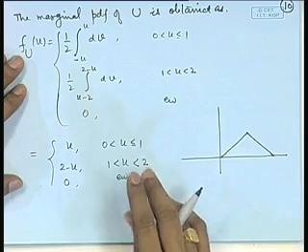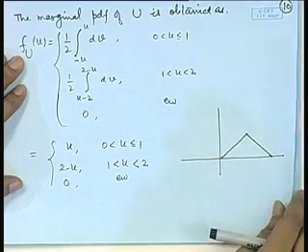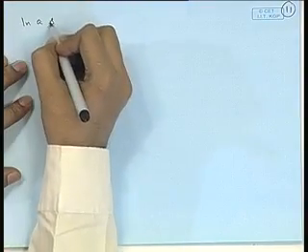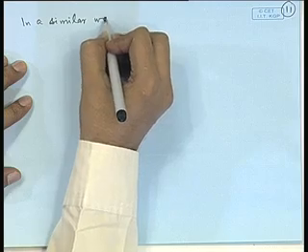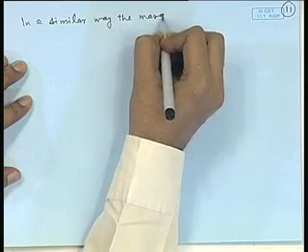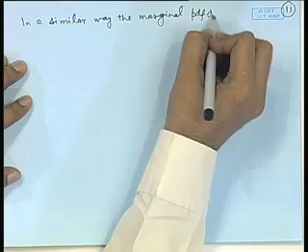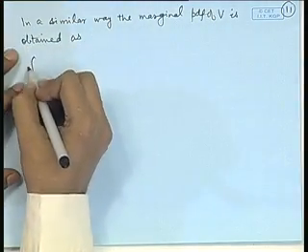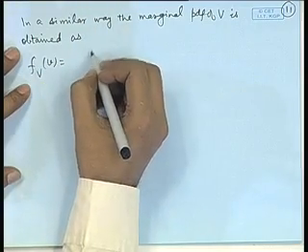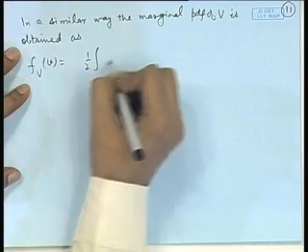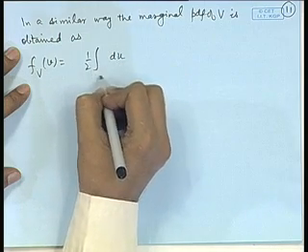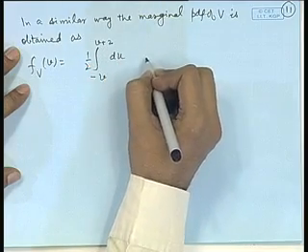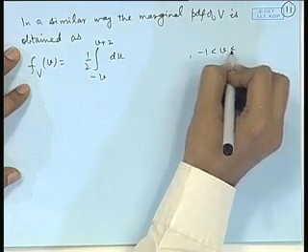In a similar way, we can obtain the marginal density of V also if we integrate with respect to u. The marginal PDF of V, f V of v, is the integral of half with respect to u from minus v to v plus 2 for minus 1 less than v less than or equal to 0.